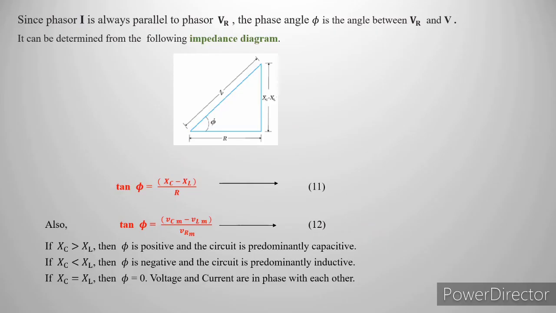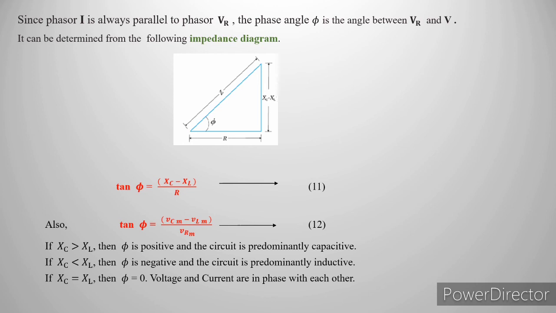Since phasor I is always parallel to the phasor VR, the phase angle phi is the angle between VR and V. It can be determined from the following impedance diagram. Look at the diagram.